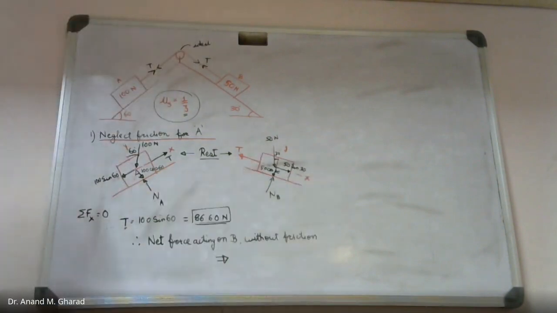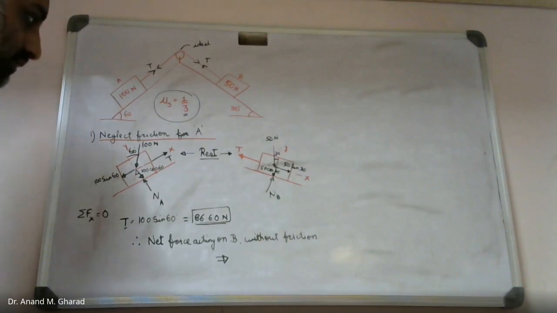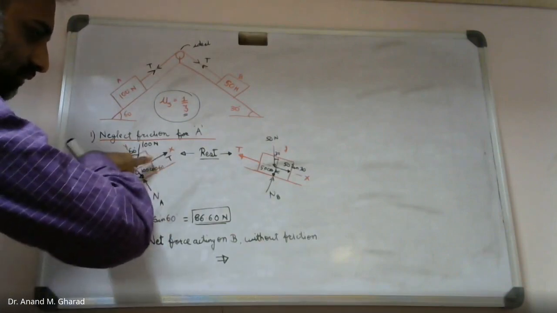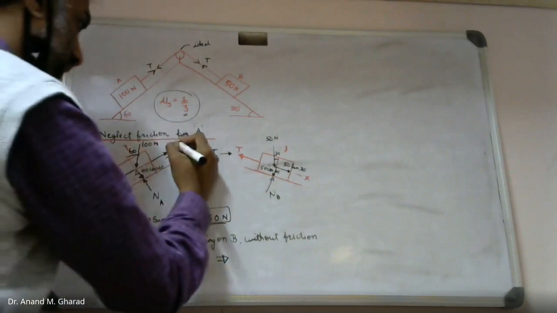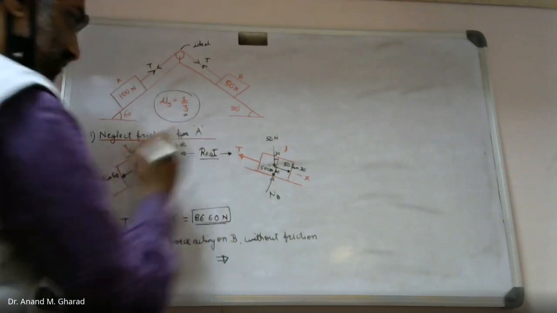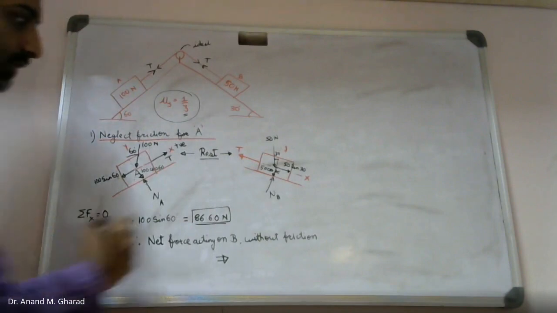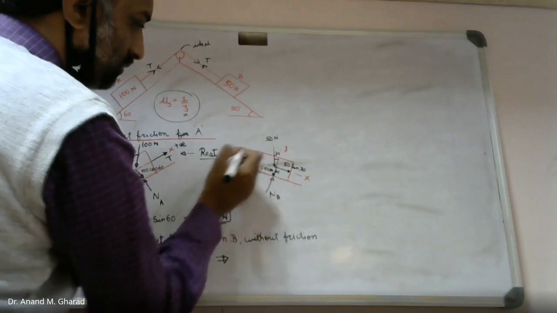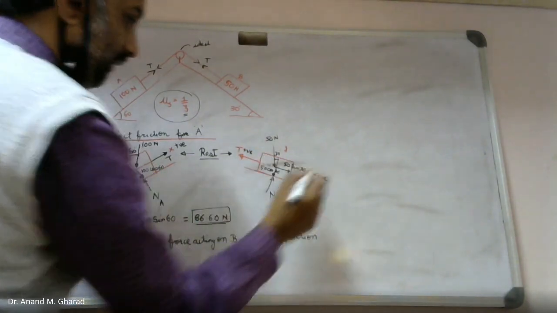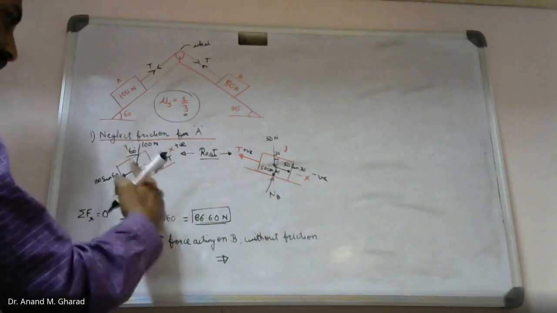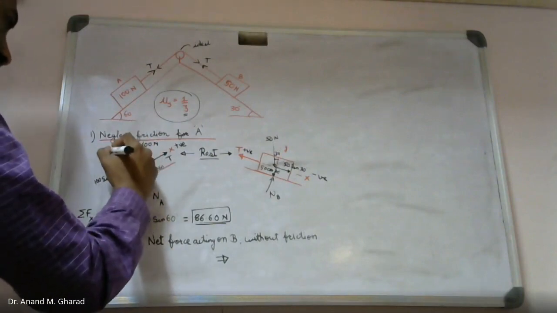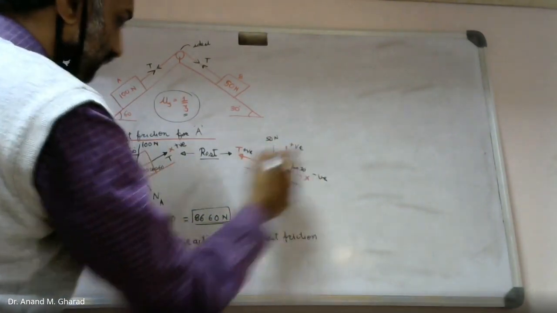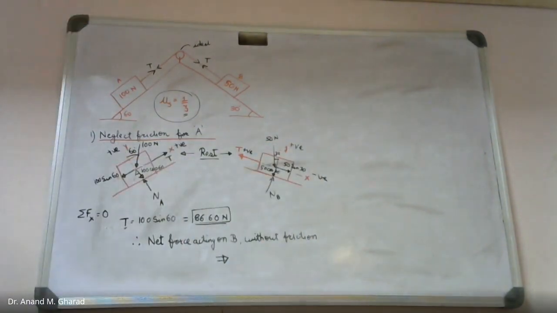Now see, here we will assume the sign conventions. The sign convention in the x direction which is pointing upward, I will assume positive. Similarly, this will be positive and this will be negative. Upward directing y axis, I will assume to be positive, and opposite to it will be negative.